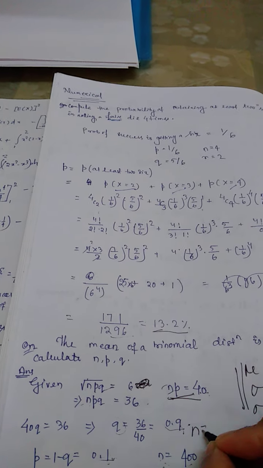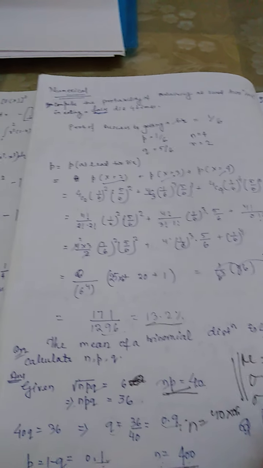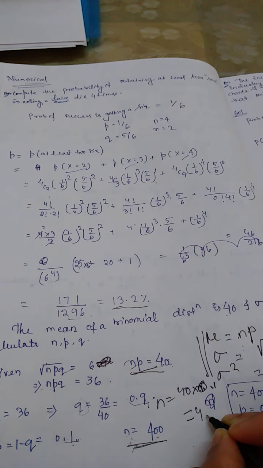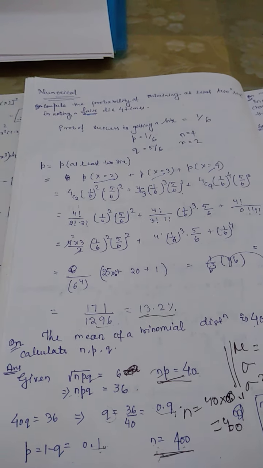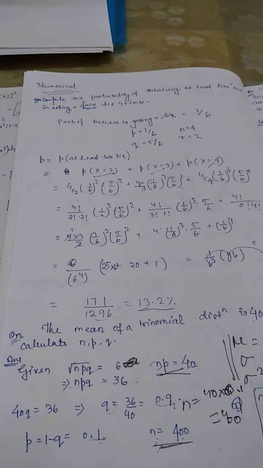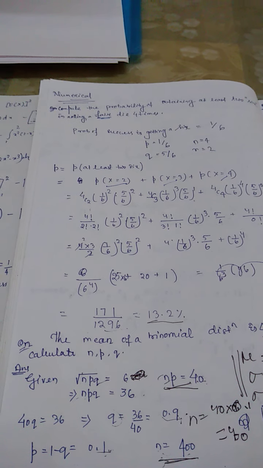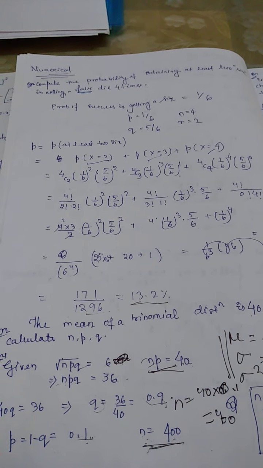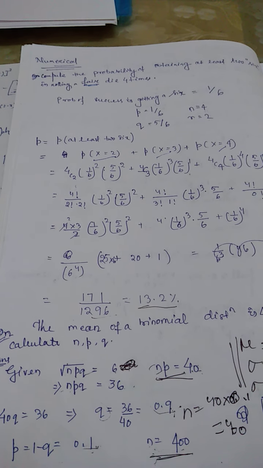So n is equal to 40 divided by 0.1. 40 divided by 0.1, that is 400. Okay, so this is how you find the probability of success, probability of failure and number of trials when the mean and standard deviation of a distribution are given to you, and it is also given that it follows the binomial distribution.